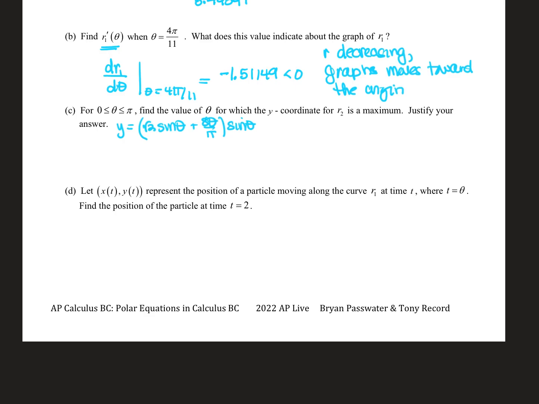And we want to know if that is a maximum. So we're going to have to take the derivative of this and set it equal to 0. So the derivative y prime would be the derivative of the first piece, so square root of 2 cosine theta plus 8 over pi, copy down the second, plus the derivative of the second, copy down the first.